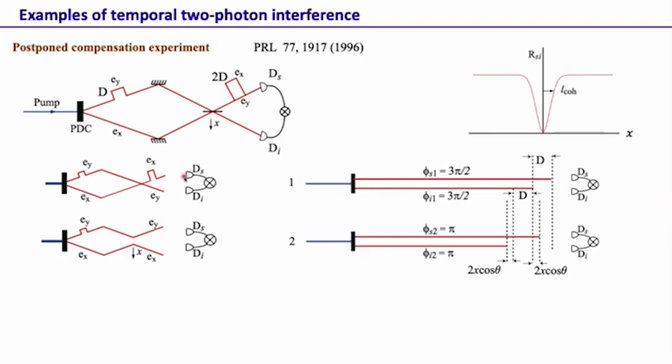So whatever comes at the signal detector is the signal photon. Here the photon that starts from here gets to the signal detector in this alternative, and the photon that starts from here gets to the signal detector in the second alternative. But from the detector's perspective, we call whichever photon gets to the detector the signal photon. So in this alternative, this one is the signal photon, and in this alternative, this one is the signal photon. That's how we draw it.